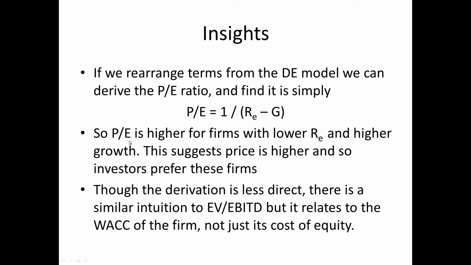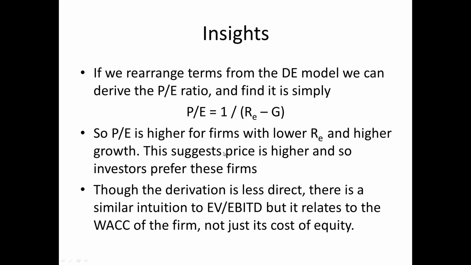So what that means is that your PE ratio is higher for firms that have either a lower required return, and usually those are firms with lower betas, less risk, or a higher growth. And since the price that you think of for your stock is whatever your earnings are times that PE multiple, having a higher PE multiple means you have a higher price.